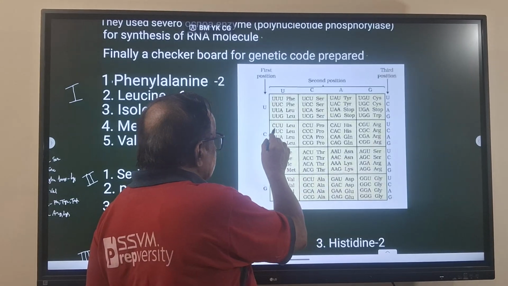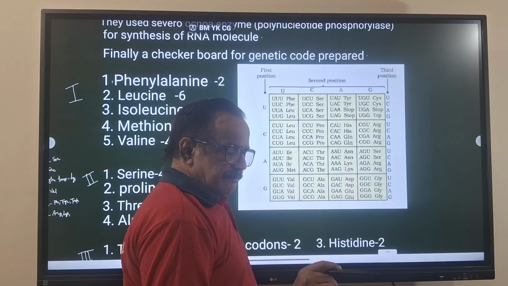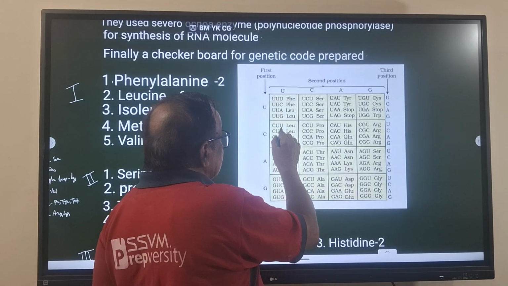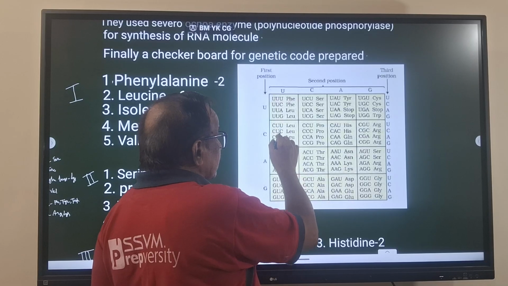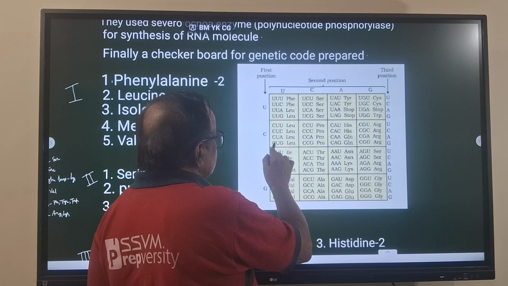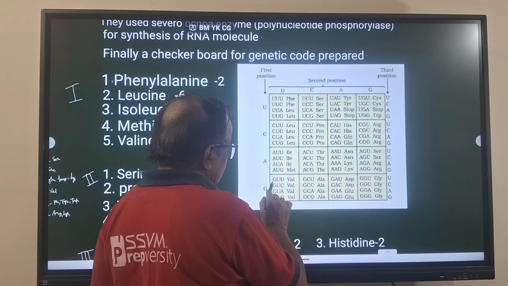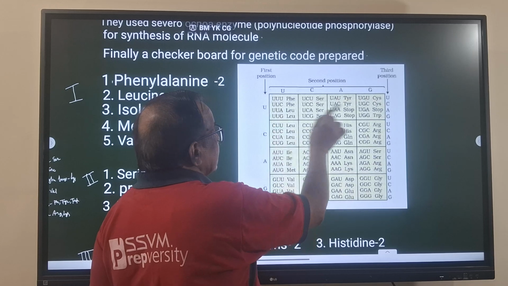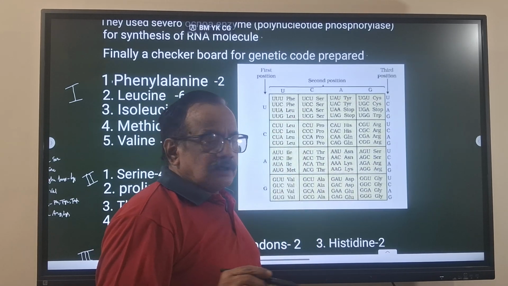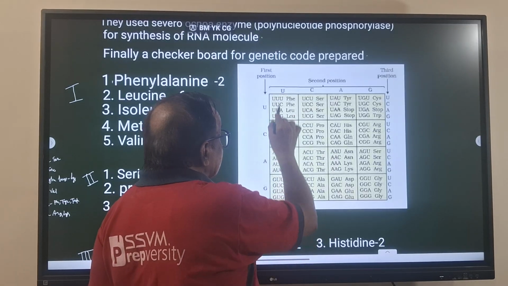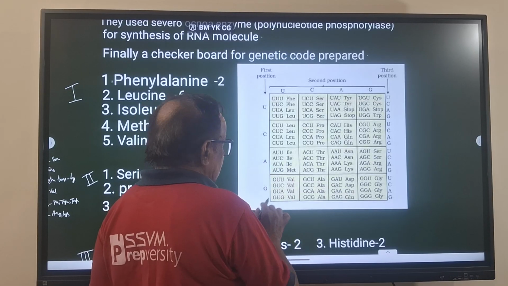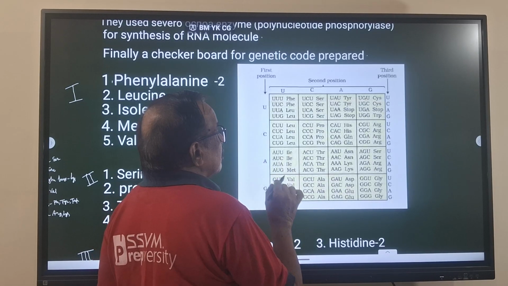In each box, the first two letters are the same, purine and pyrimidines, and only the third nucleotide will be changed. Same you see, U, CU, AU, GU, like that. Only the changing is in this order. You have to practice like that. By seeing the first two letters in the vertical row, you know which box it is. If it is AU, third box. If it is GU, fourth box.